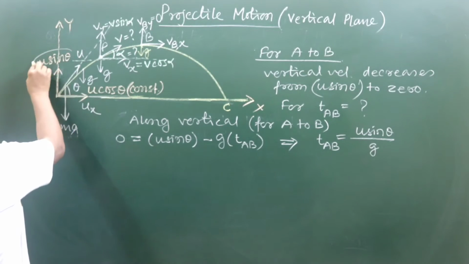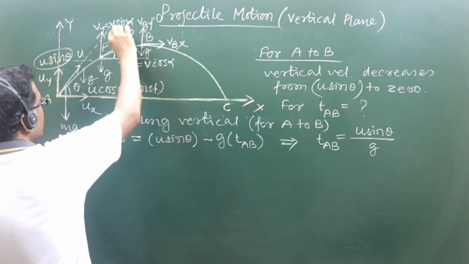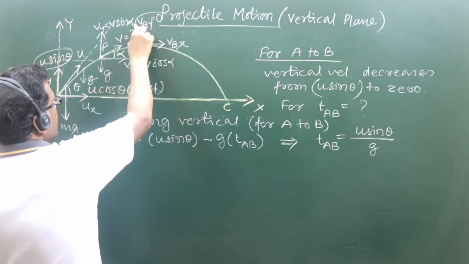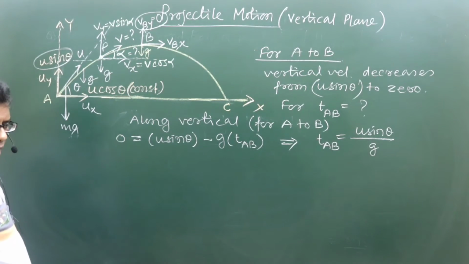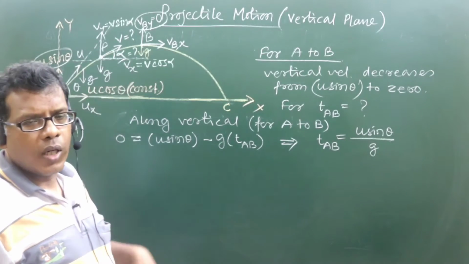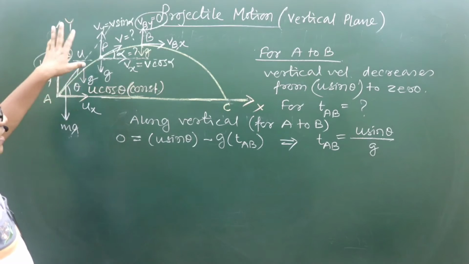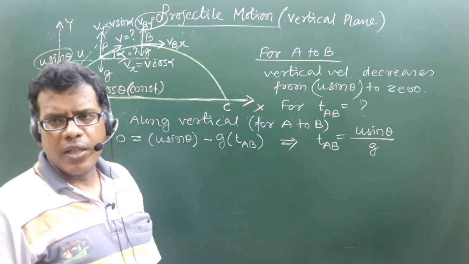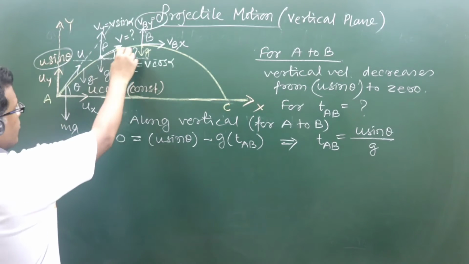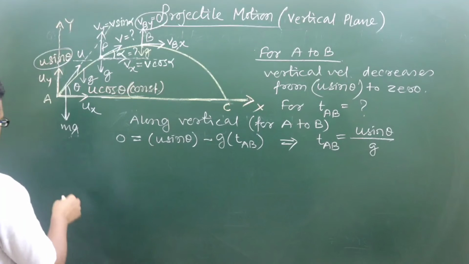The vertical velocity, which initially had some magnitude, is continuously decreasing, and finally becomes 0 once it reaches B. The reason is the continuous presence of g in the vertical downward direction, which is minimizing the vertically upward directed velocity. So the time taken from A to B is u sin theta by g.